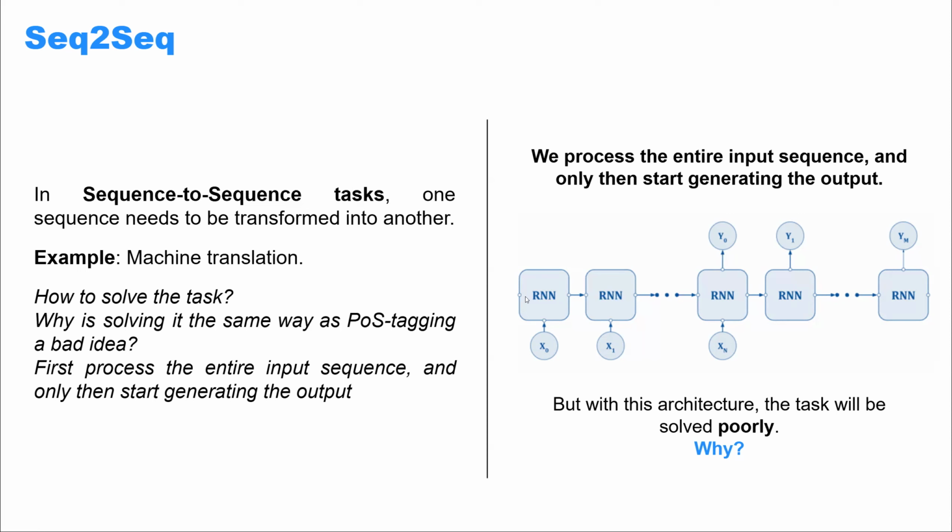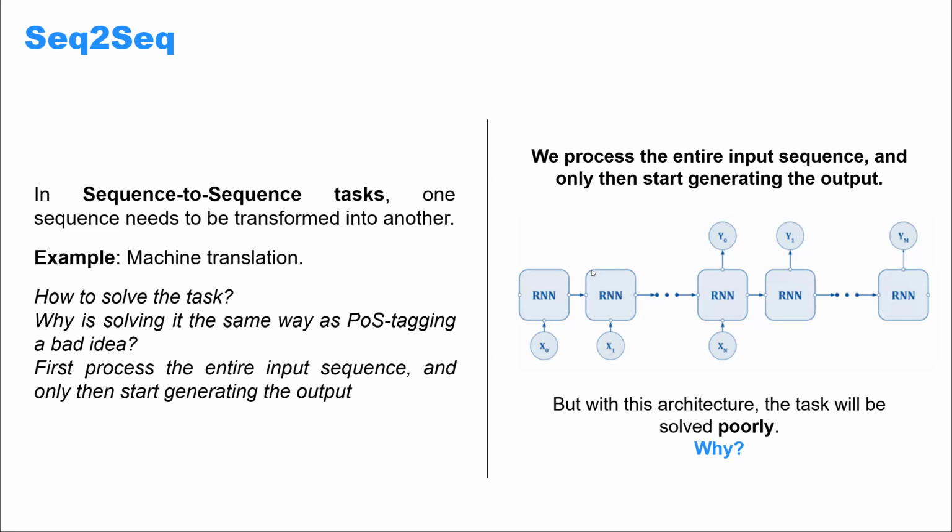And it updates every time we get a new input. So we have looked at the first input, updated our vector, second input, updated our vector. We looked at input number 1000 and we updated our vector, but we have a vector of a fixed size and we can't encode all information about all our sequence in this vector.